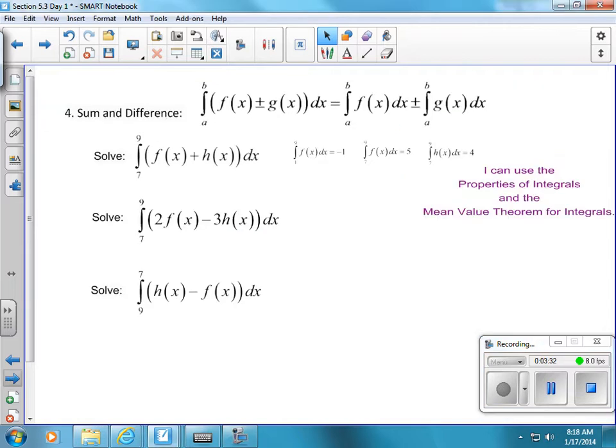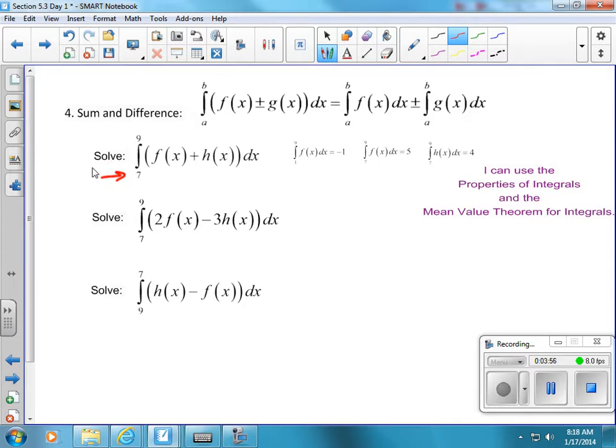The next property is sum or difference. That says you can add different integrals together. So here we have between 7 and 9, the problem says add the f plus the h.